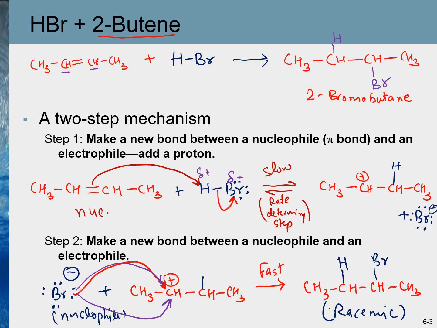Let me correct it. As I was saying, the likelihood of attack on the top of this electrophilic site or the bottom is the same. So there is a 50% chance that it may attack on the top side and a 50% chance that it may attack from the bottom side. So that's why we get a 50-50 mixture of R and S stereoisomers, and that's why we get a racemic mixture.